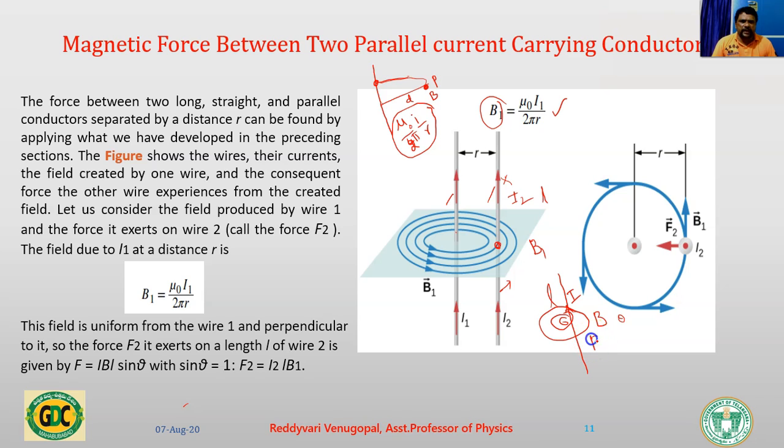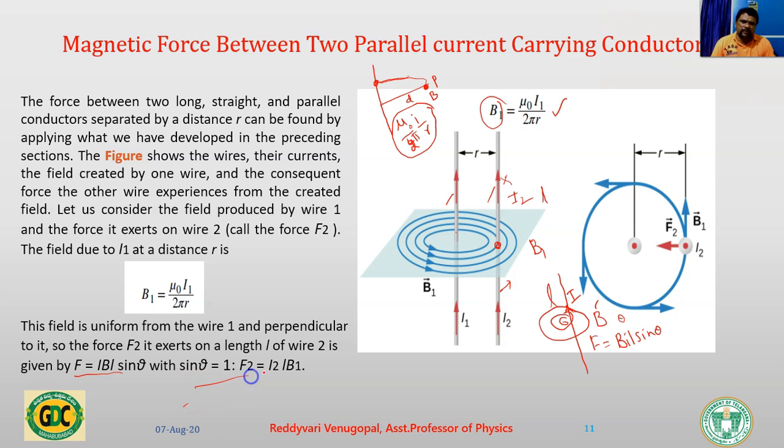Then the force acting on this conductor kept in the magnetic field B is given by F equals BIL sin theta. Here we have called the current I, that's why we are taking this formula.